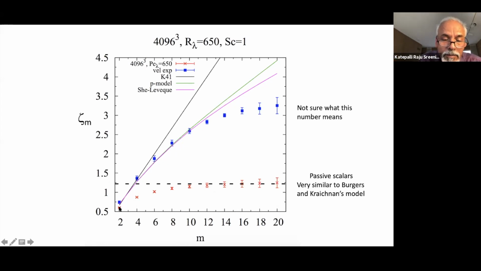And notice that basically it starts to depart from the Kolmogorov value even from second order. And I do not recall how it compares with what we found. I should plot on the same graph. Yeah, but your observation is entirely correct. Thank you.